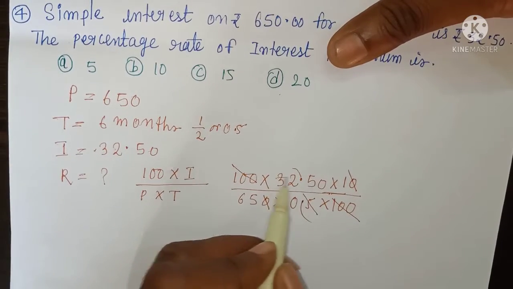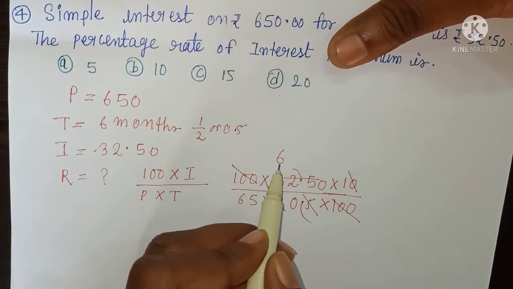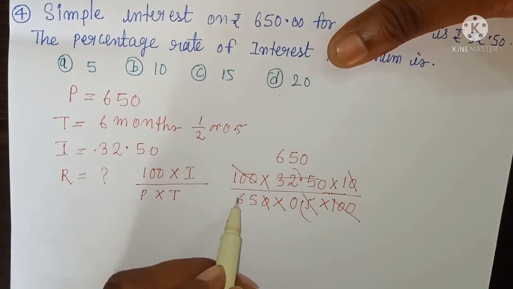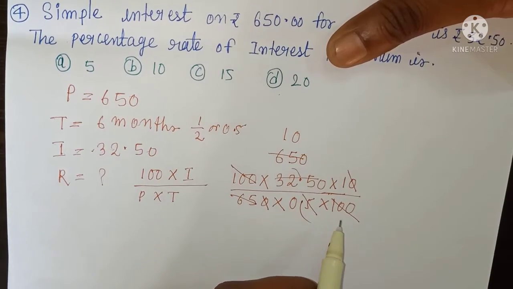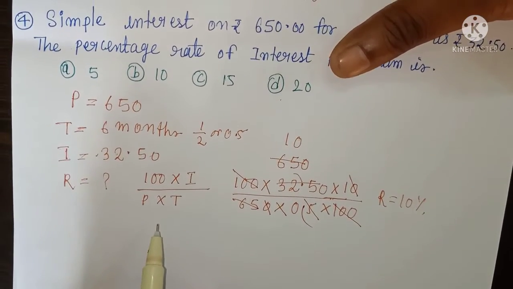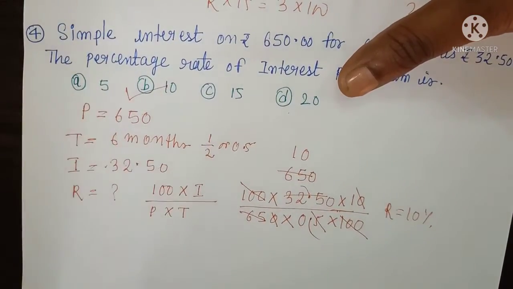Now 5 sixes are 30 and 5 fives are 25. This 0 comes here. Then 65 tens are 650. So the rate is 10%. According to the options, option B is correct.